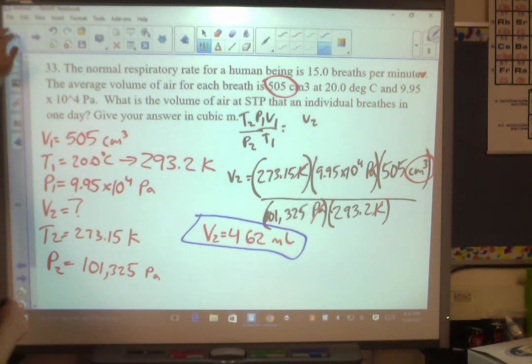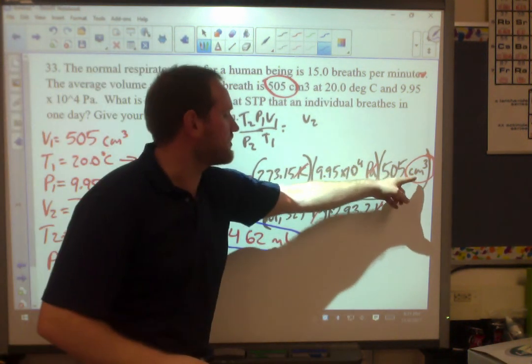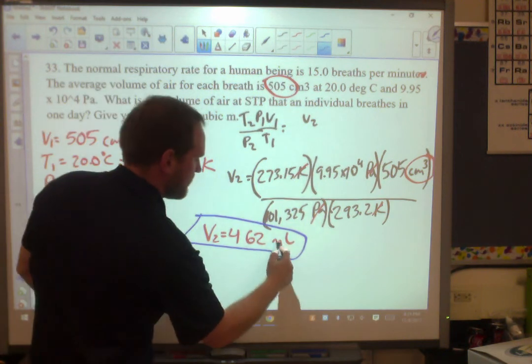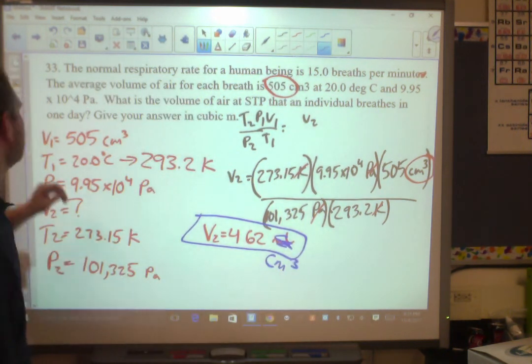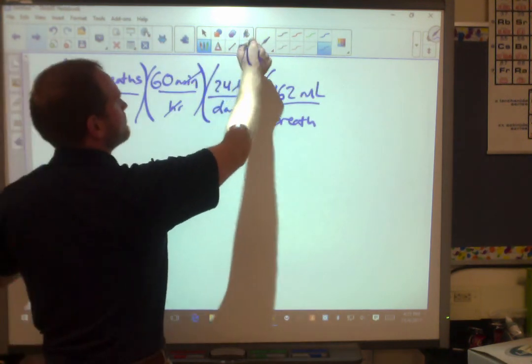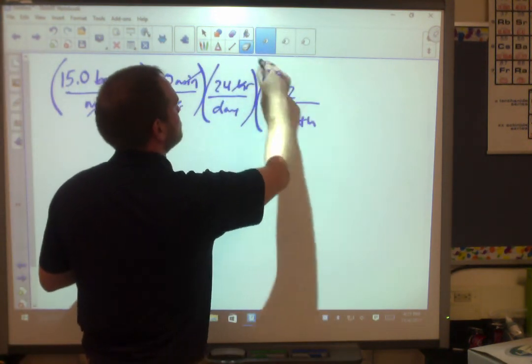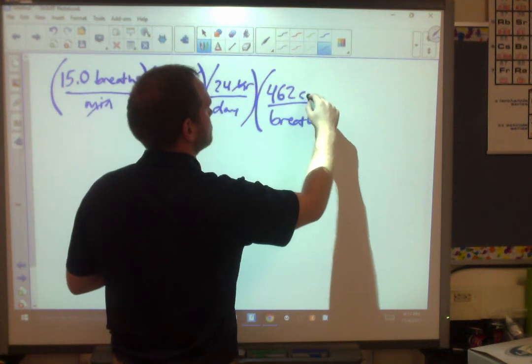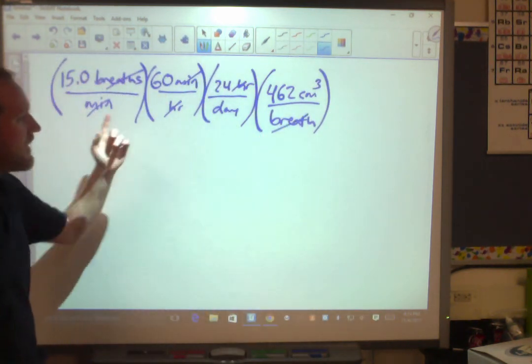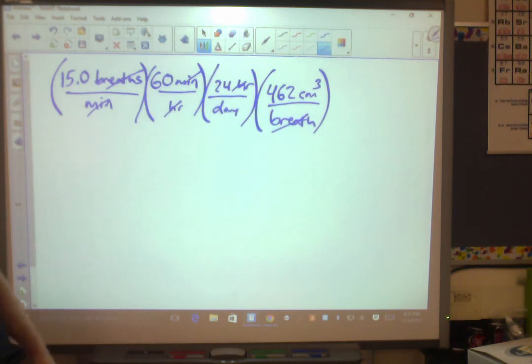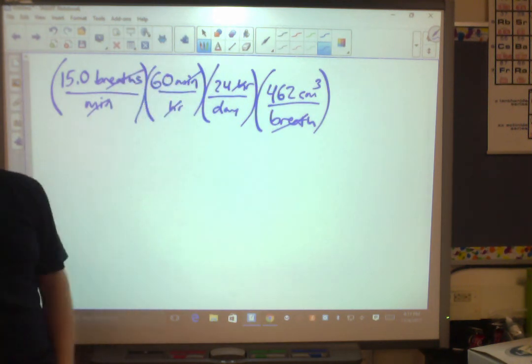Where did I get milliliters from? I subconsciously knew centimeters cubed equals milliliters, so I wrote that. Sorry. It's the same thing. Technically, it's not wrong. It's just weird that I converted that. Centimeters cubed. Breath cancels breath. So that's now the volume of a whole day's worth of breathing at STP.